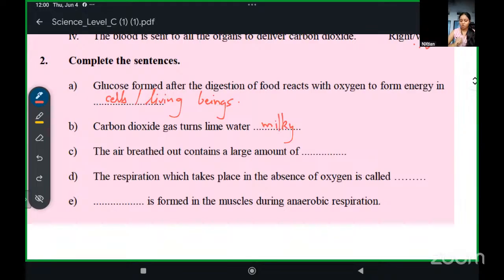The air breathed out contains a large amount of what gas? Can anybody tell me now? Breathe out. Carbon dioxide.